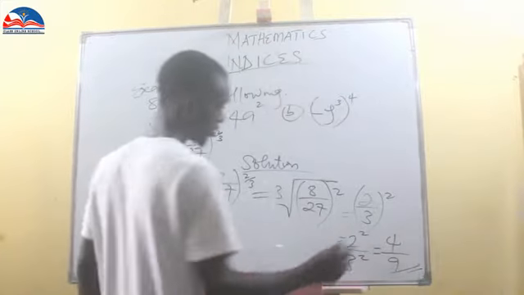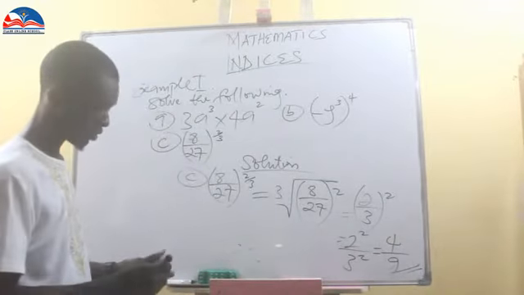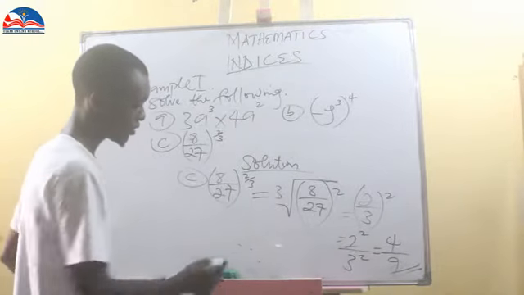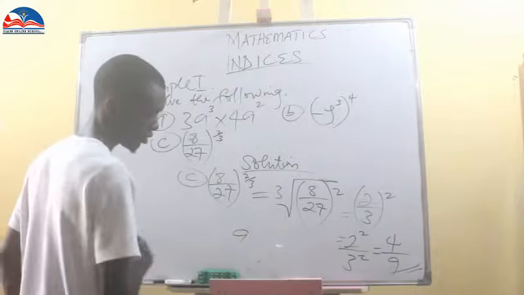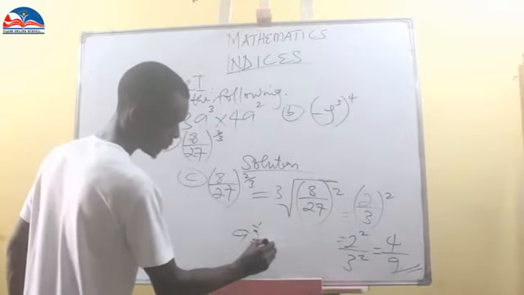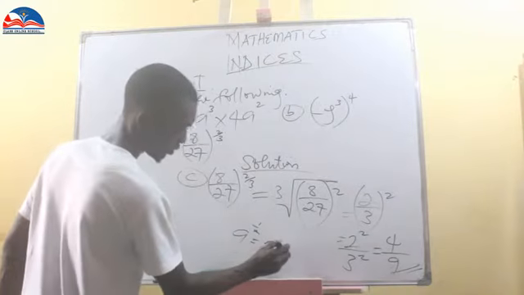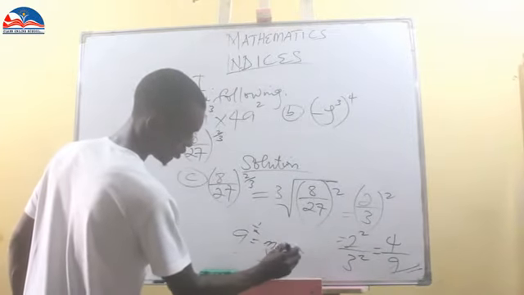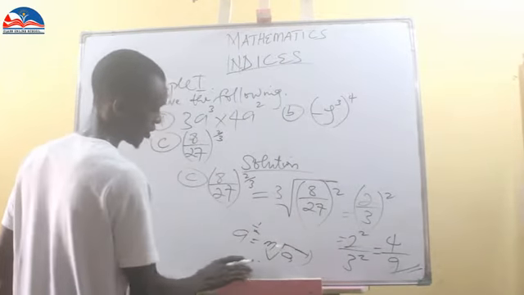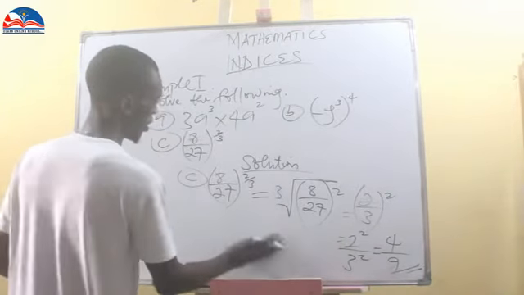So 4 over 9 is our answer. As I said, this is from the sixth law: a index 1 over m is the mth root of a. Okay, so let's take example 2.